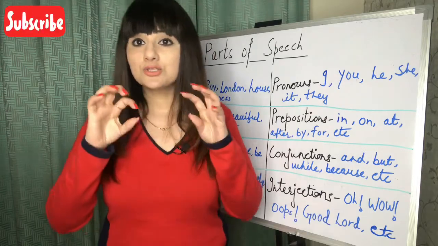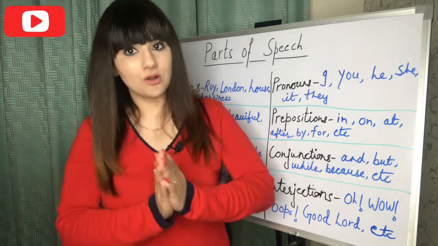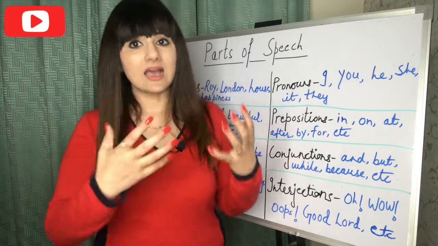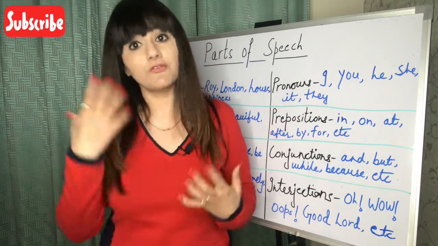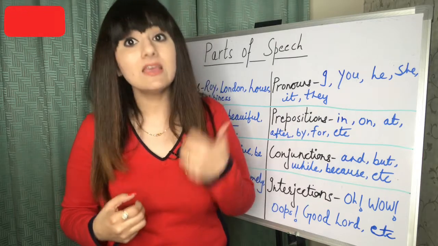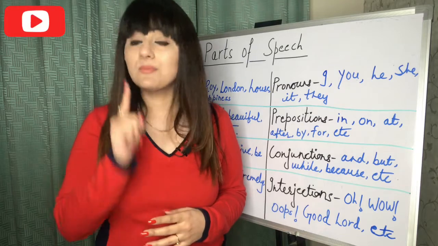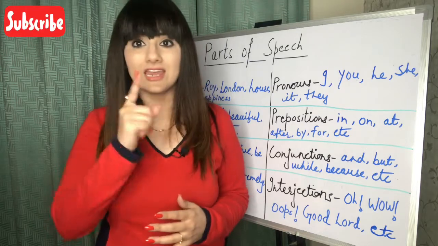It's a combination of these three things. That's why I have designed this course for you, so that you could understand the importance of grammar. Always remember, grammar plays a vital role in our speech.